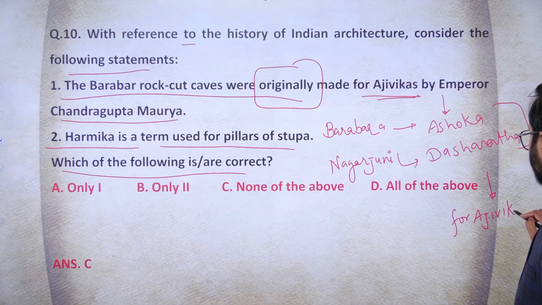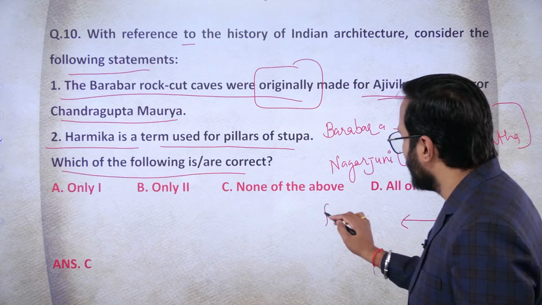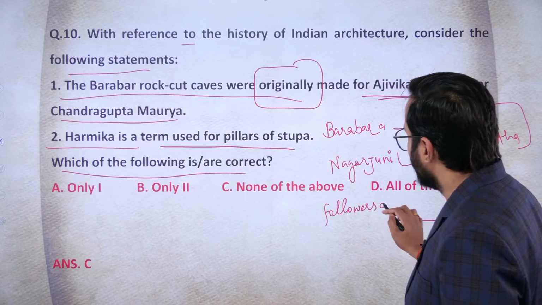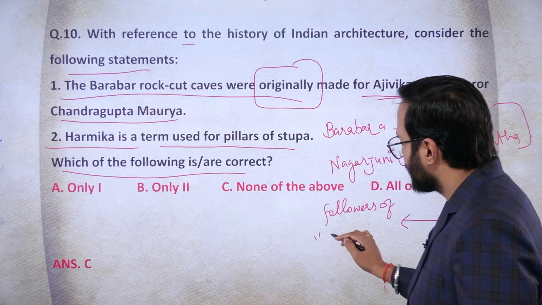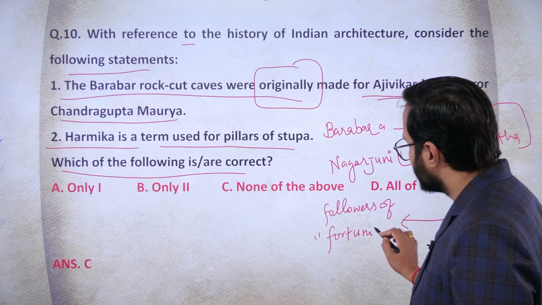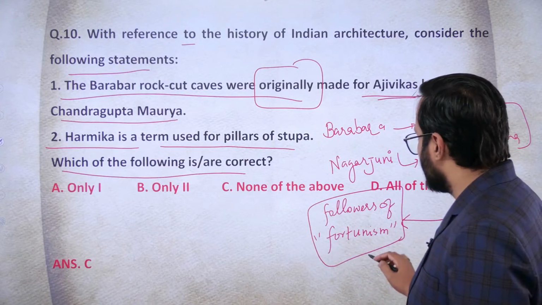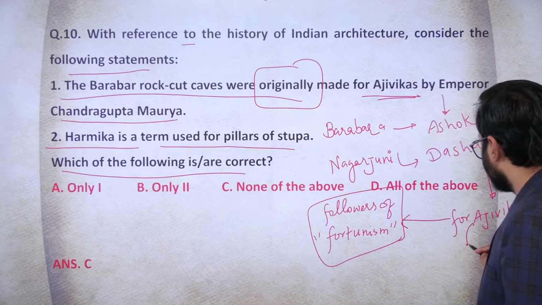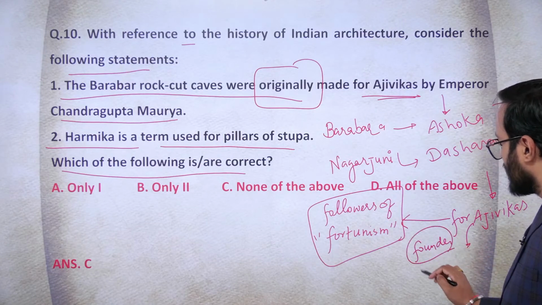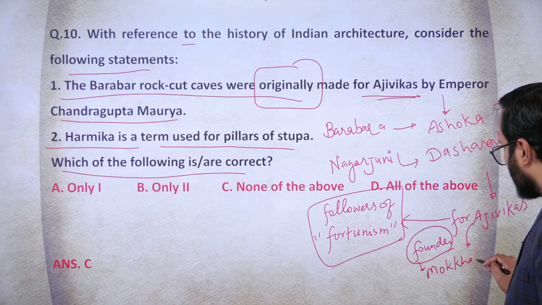Who were the Ajivikas? Ajivikas were basically the followers of fatalism. And who was the founder? The founder was Makkhali Gosala.